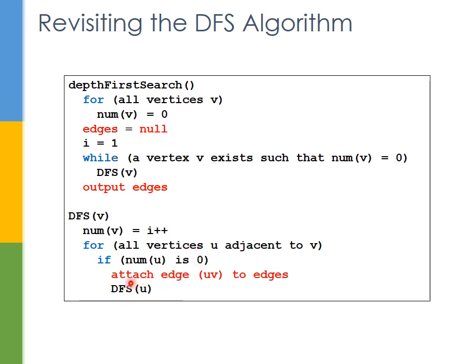And each time that we visit a vertex within our graph, we then attach the edge that we've traversed to the edges data structure, and then finally we output the edges data structure. Now, for this cycle detection, we're not interested in a full traversal. We're only trying to detect cycles and output those cycles. So we're going to do away with this edges data structure and make a few more modifications to the algorithm.